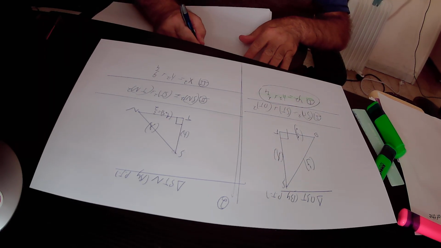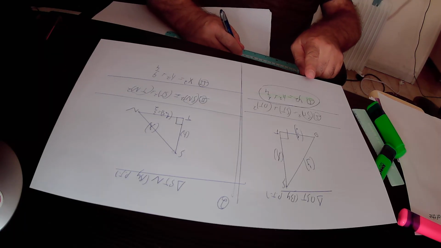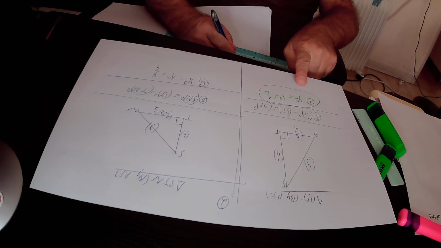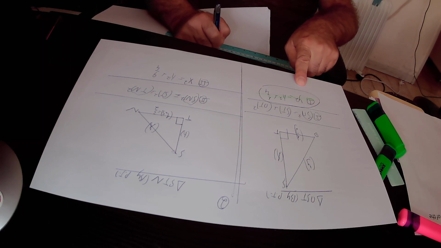And according to equation 1, we already found out that y squared equals h squared plus 1 quarter.